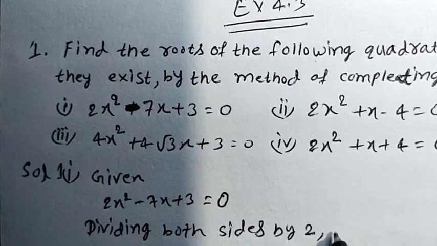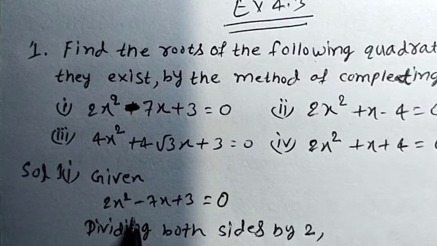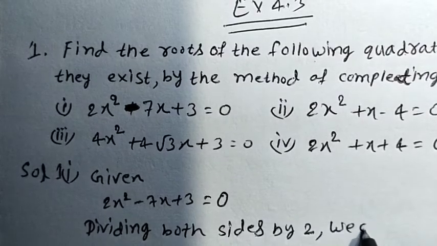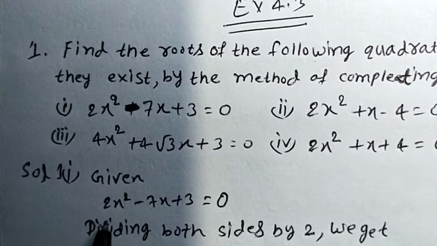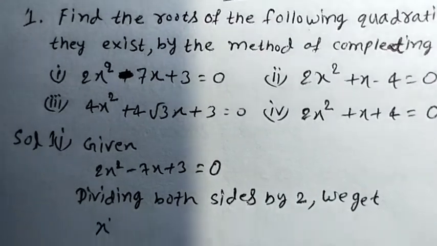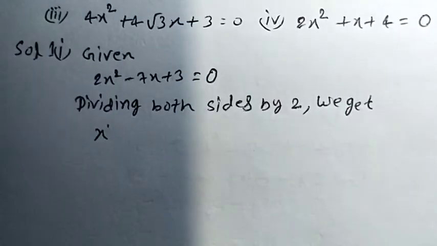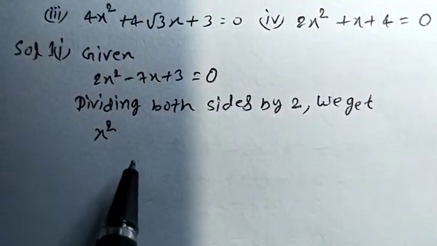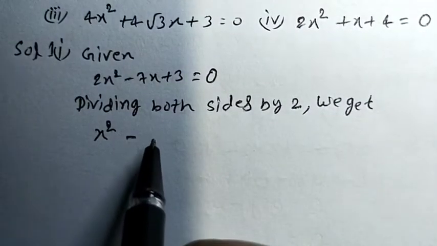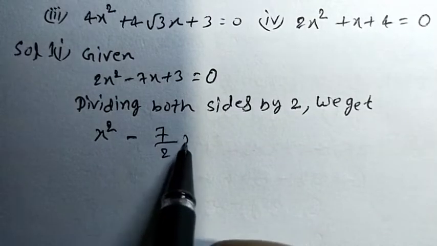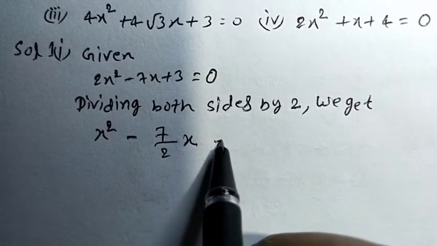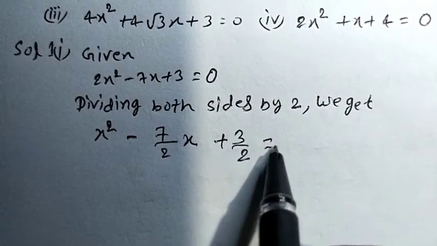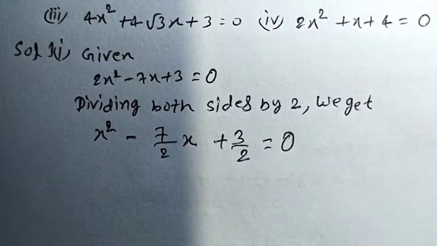When we divide this equation by 2, then 2 by 2 cancels. It means x square minus 7 by 2 x plus 3 by 2 is equal to 0, because when 0 is divided by 2, we get 0.